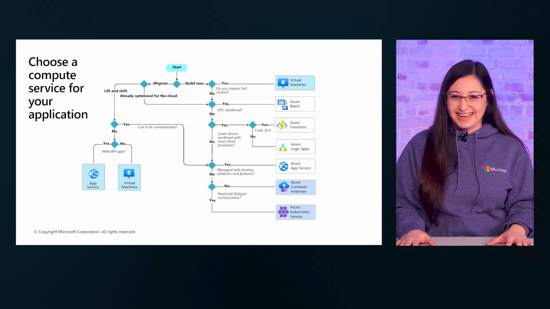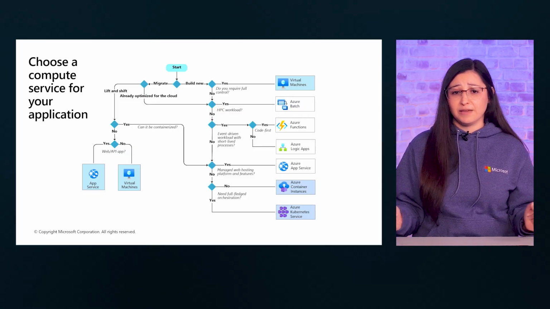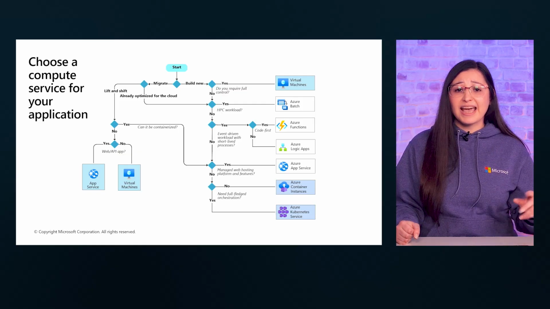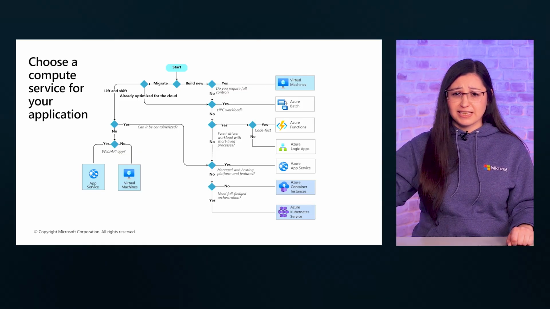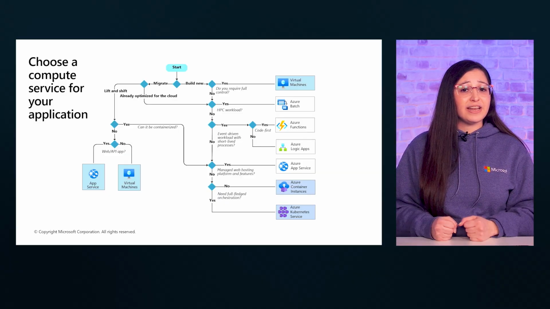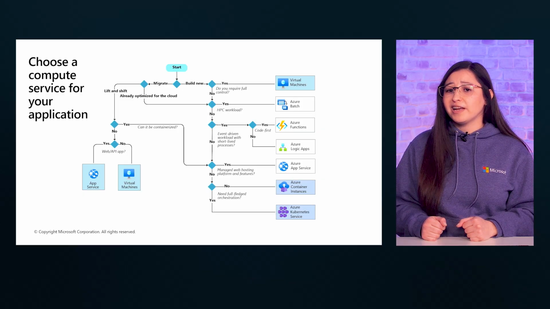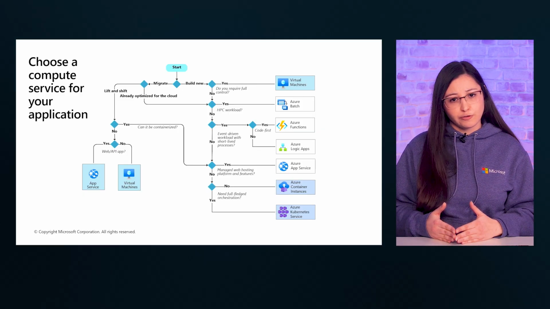Think about scaling needs, such as scaling a single microservice during business hours or across time zones, or maybe adding instances when the CPU hits 70%. For example, a nightly financial risk calculation may fit Azure Batch, while an event-driven image upload process is a great match for Azure Functions.